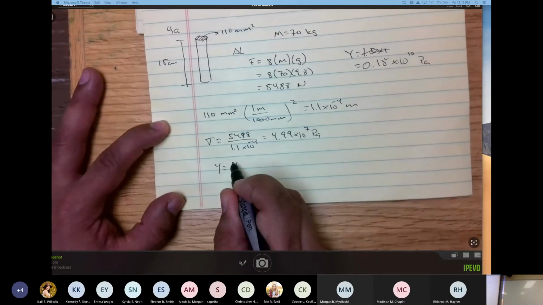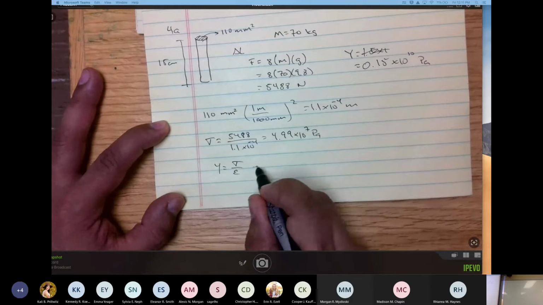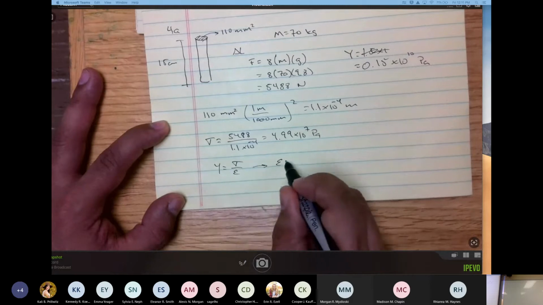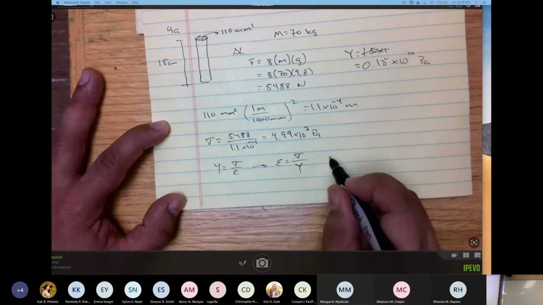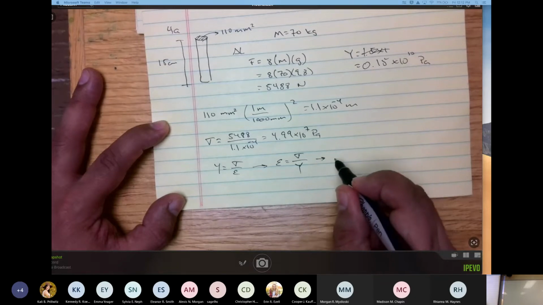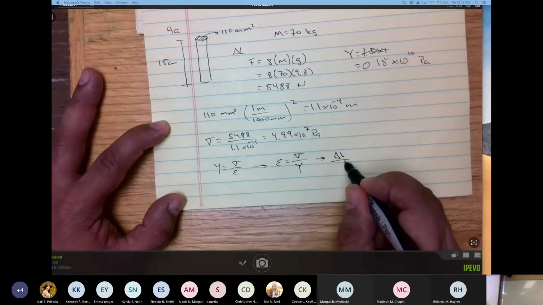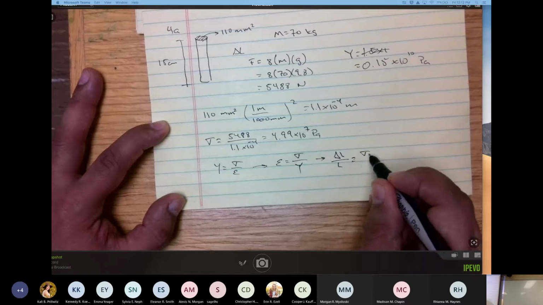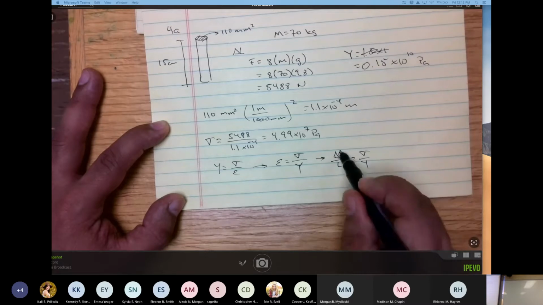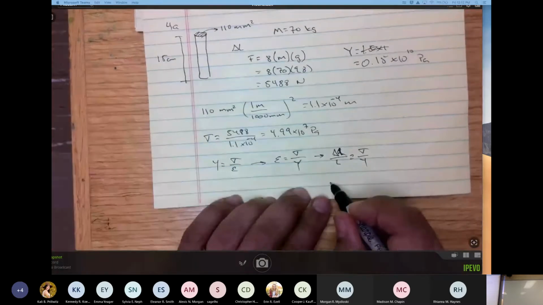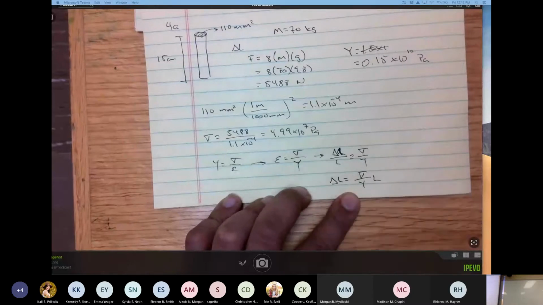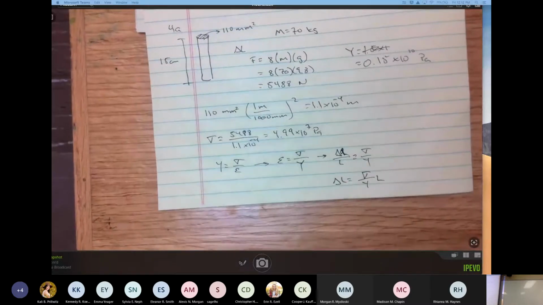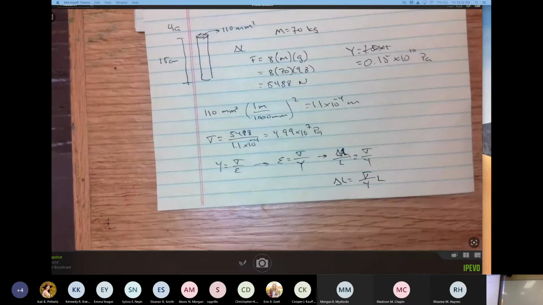So from here, I know that the strain is going to be the stress divided by the Young modulus, and the strain is delta L over L. If I need to solve for delta L, delta L will be just sigma over Y times L. Then I can substitute the values that I have so far.